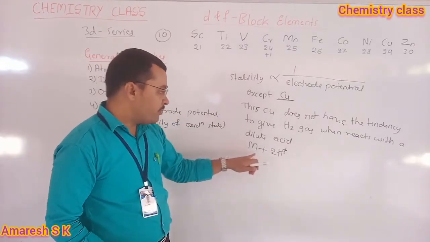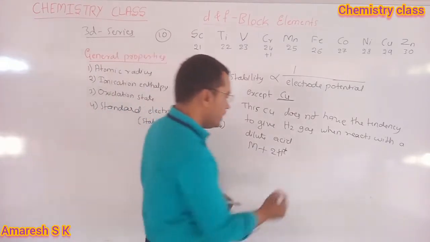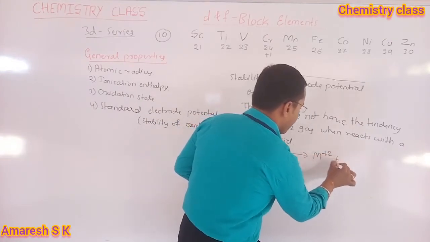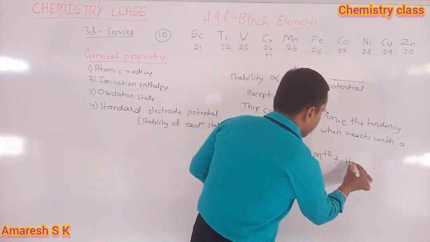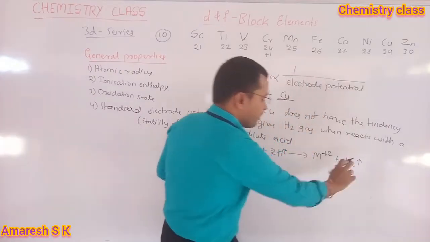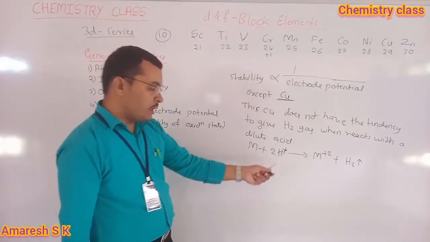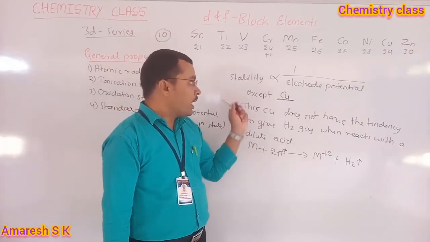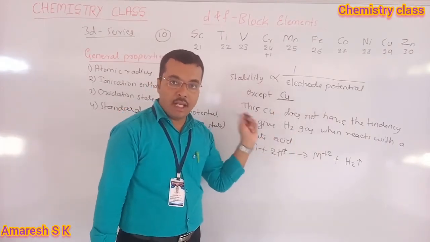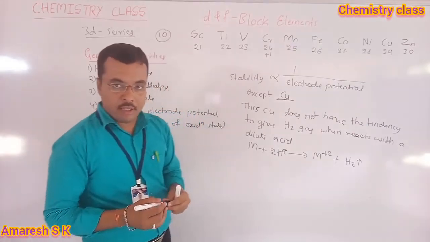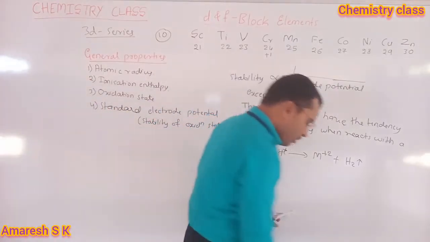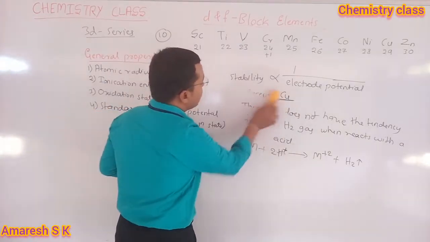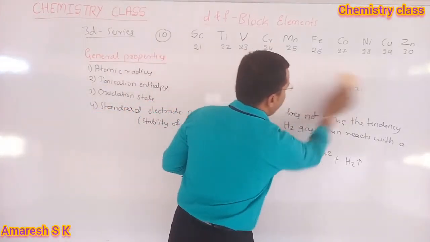It means whenever the metal reacts with the dilute acids, it can be converted into metal ion by liberating the hydrogen. This property is not exhibited by copper. Hence, except copper, all the elements are less stable as compared to copper. This is the electrode potential concept, which we can observe in the 3D series of elements.